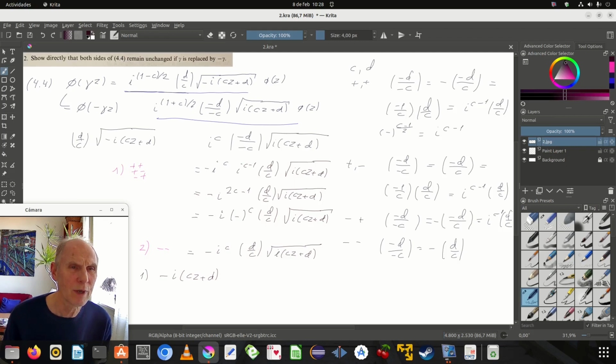And this squared, i to 1 minus c. This is silly, really. Well, let's do it.